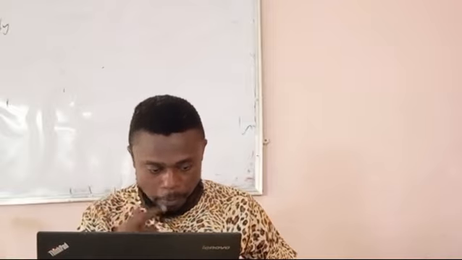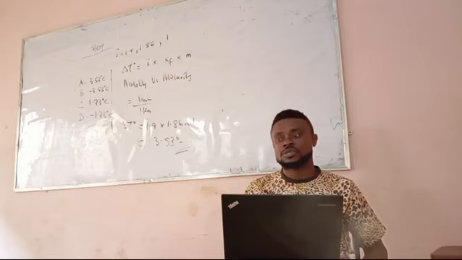B. Barrier to access for the very poor and vulnerable. C. Undue political interference. D. Availability of central medical stock. What's the answer? D.